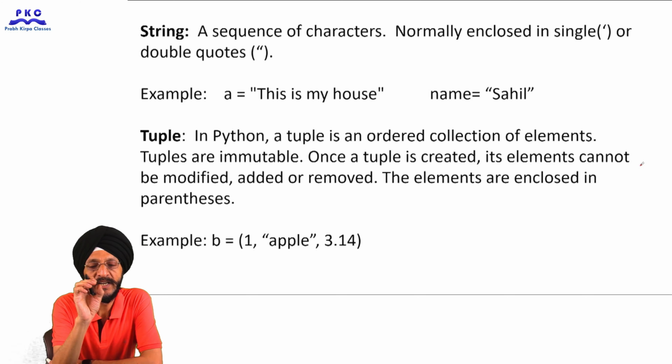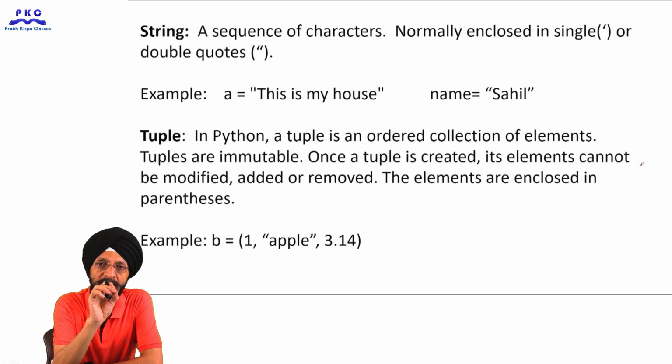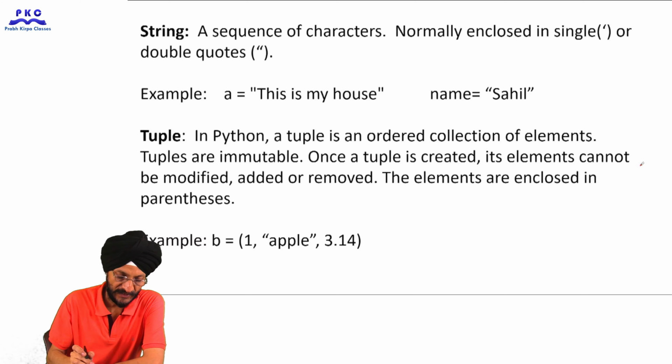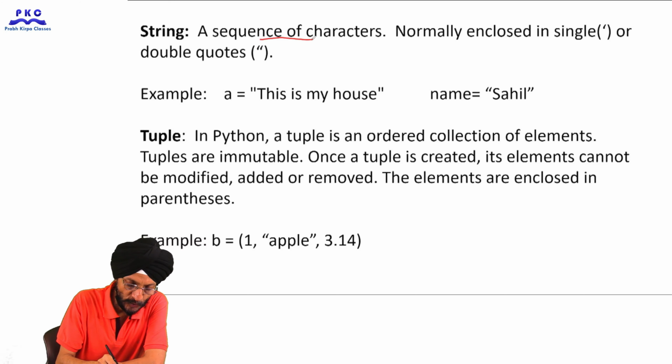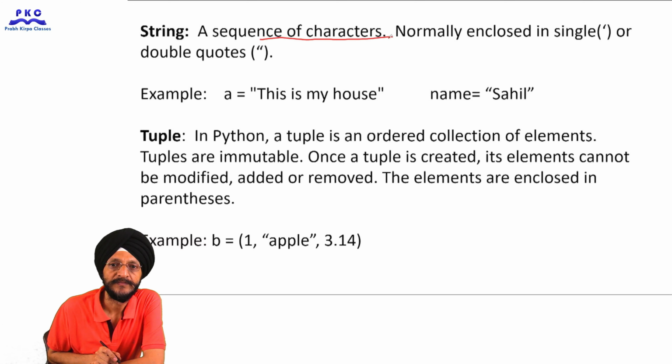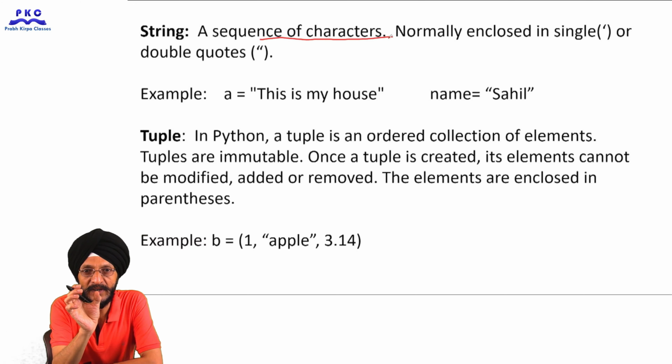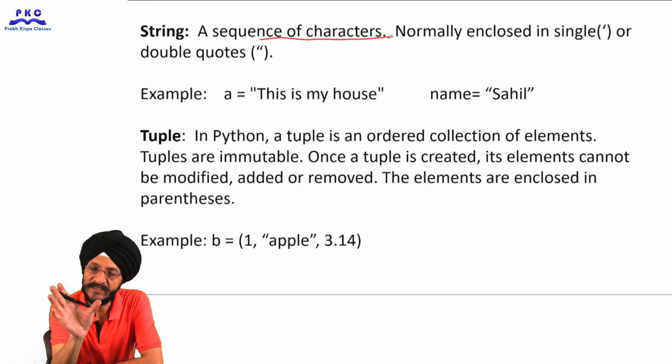Now we will understand the meaning of string, then tuple, list, and dictionary. A string is a sequence of characters, that is, it may be a word or many words or a sentence.